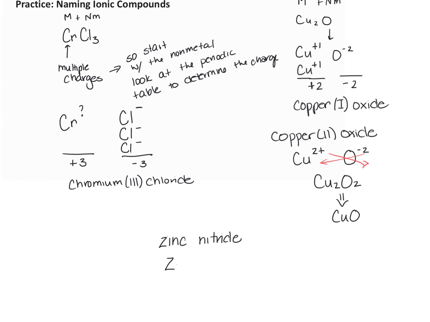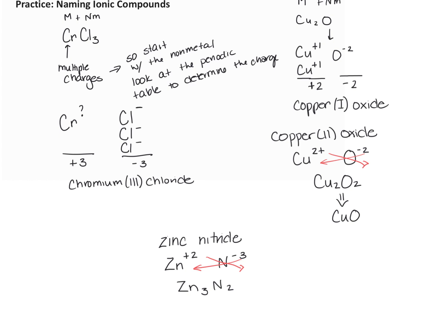You have to say, okay, hey, look, I know zinc has a +2 charge. And nitride, that's nitrogen. It's derived from nitrogen. And I know it's got a -3 charge. Right? You crisscross applesauce those down, and you get Zn3N2. Okay? So zinc 3, N2.